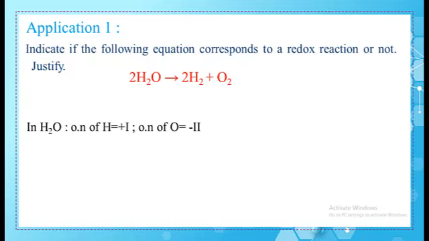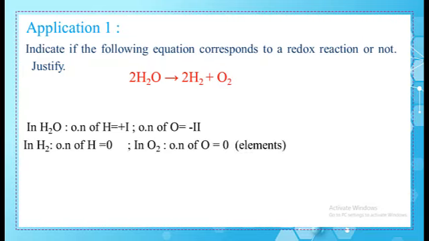As we said also in the previous videos, the oxidation number of hydrogen in a compound is always equal to +1, and the oxidation number of oxygen in a compound is always equal to -2. In H2, we don't take into consideration the coefficient, and we are interested in the oxidation number of an atom only.